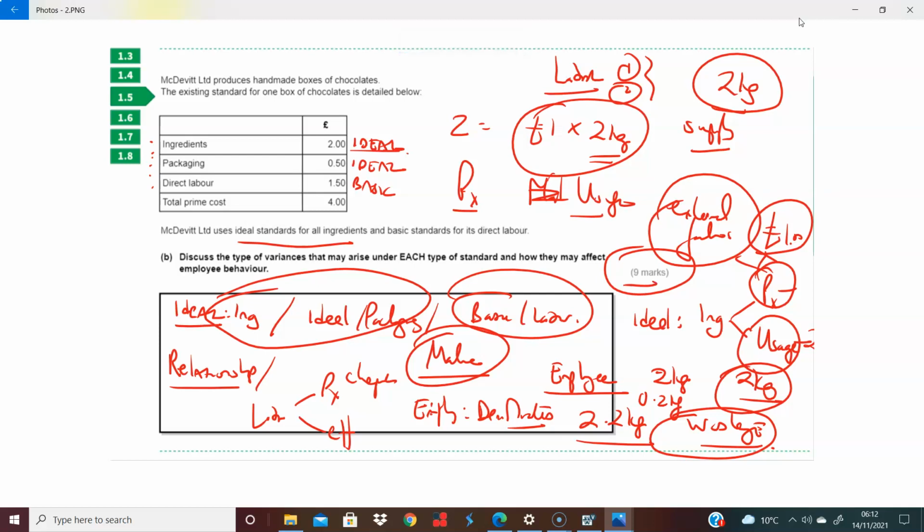So for 9 marks, you're talking about these three things, and also the relationships. You're definitely in the 6 to 9 mark ballpark, which is where you get the perfect marks. But just writing everything as a whole is not a good idea. So separate each one into its different variances, and then talk about the relationships.